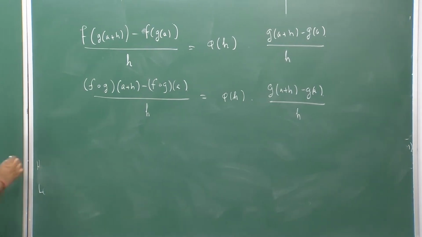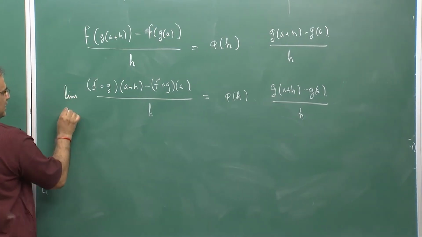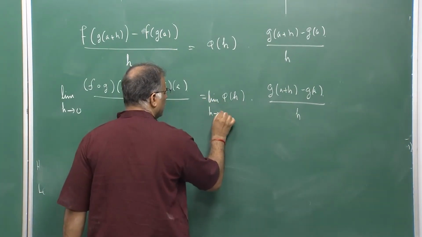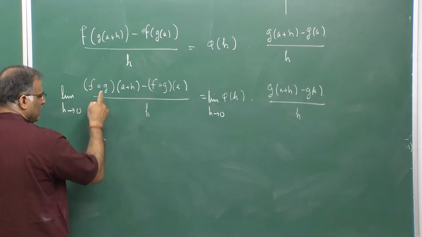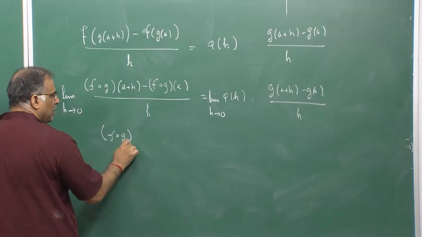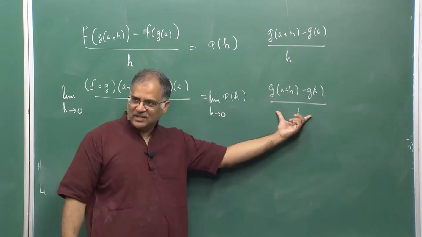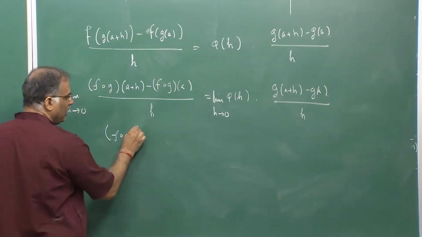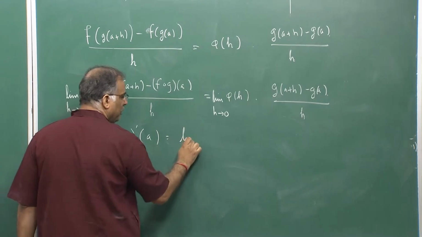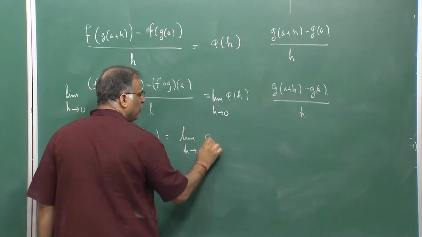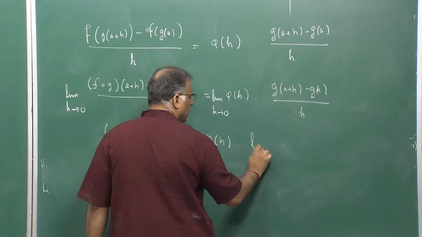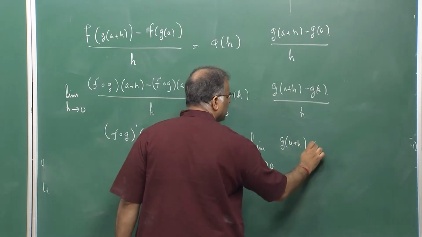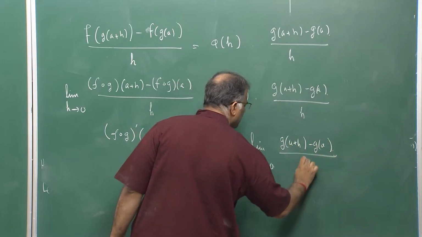Now if I apply the limit as h tends to 0 on both sides, this is, by definition, this. Because the limit of these two quantities exists, the limit of this side must also exist, and hence f composed with g is differentiable at a, and this is nothing but the limit as h tends to 0 of phi(h) into the limit as h tends to 0 of (g(a+h) - g(a)) by h.